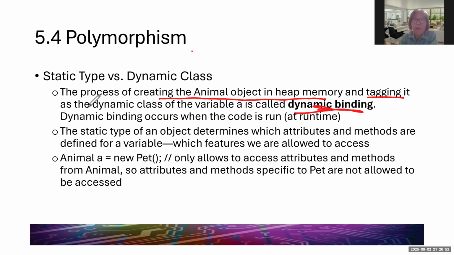Dynamic binding occurs at runtime, the object is created at runtime. That's why previously I mentioned that dynamic normally means at runtime. Static is at compilation time.